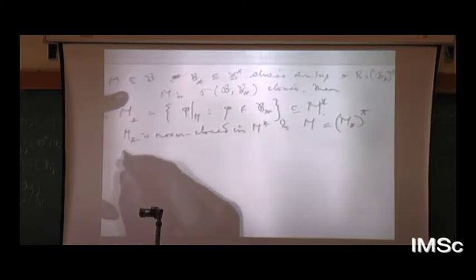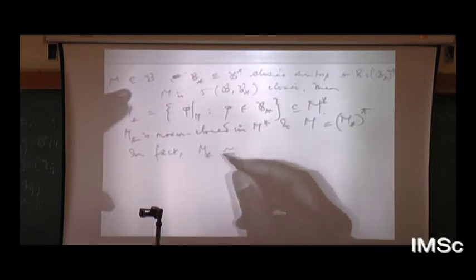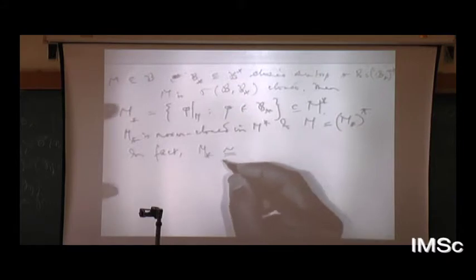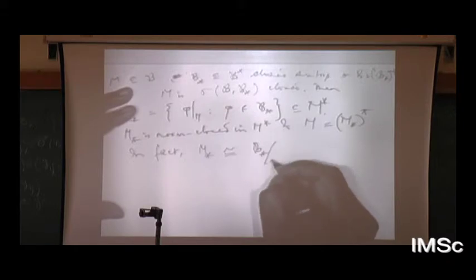And in fact, M lower star is isomorphic to, okay, so what is this? You take B lower star mod M lower perp.